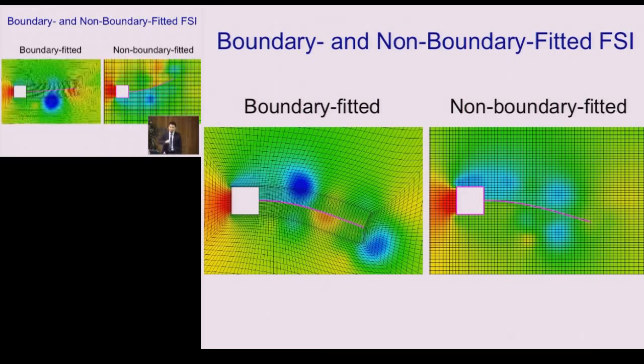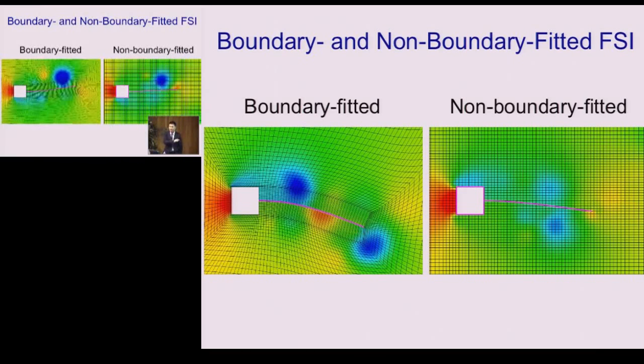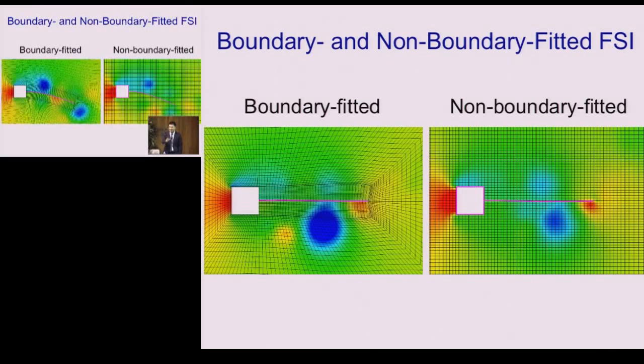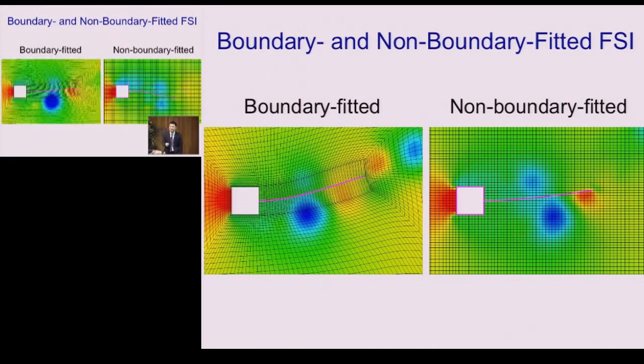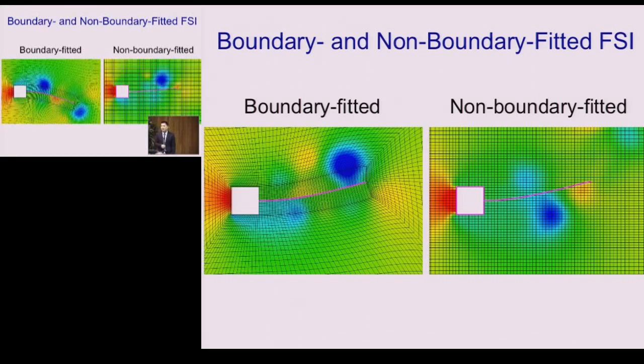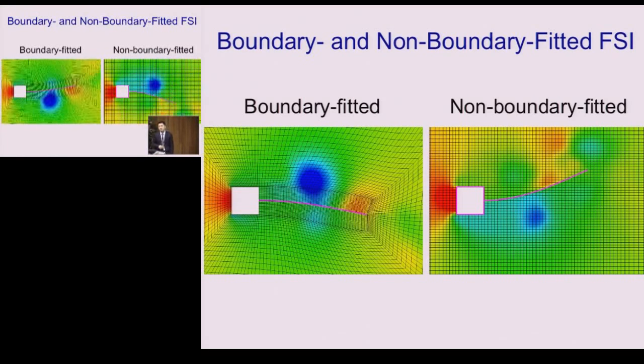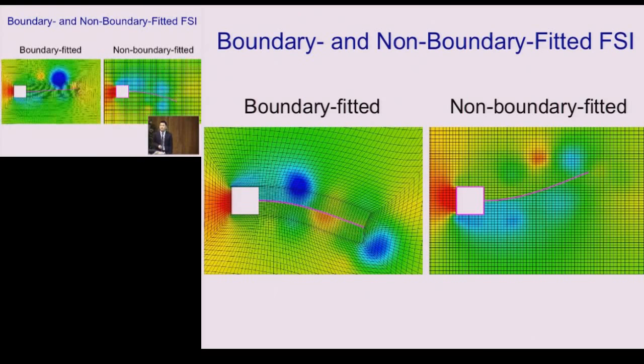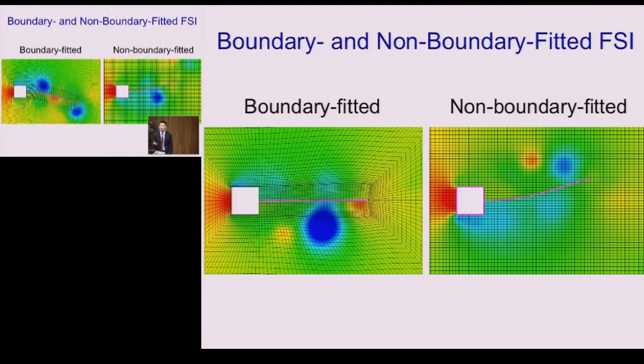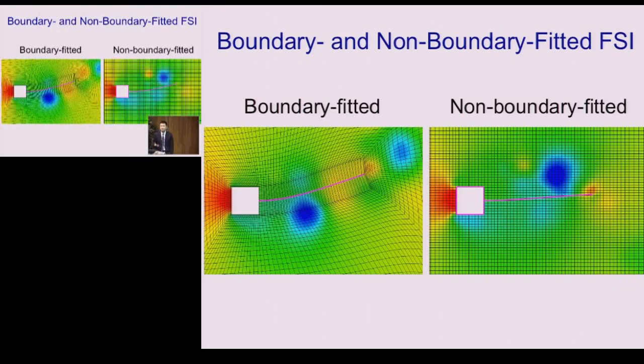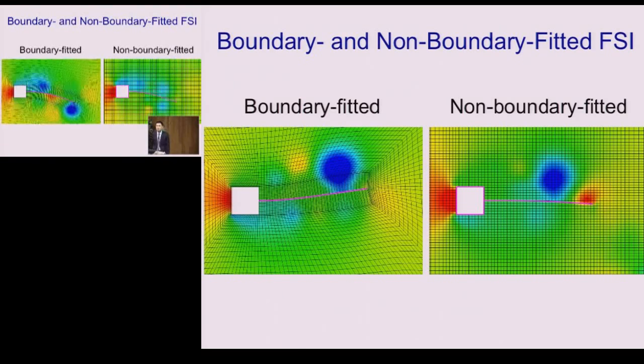For the immersed, non-boundary-fitted approach, right now it's just prescribed. We just pick a number. Right now it's empirically decided, and that's one important direction we have to focus on to improve. We don't want to just empirically find the penalty value. We have some ideas, but we haven't implemented anything yet.